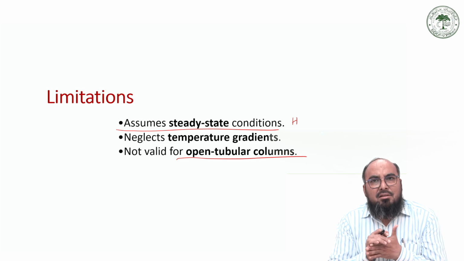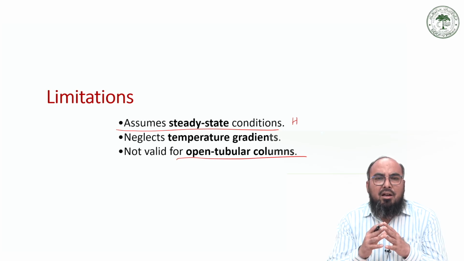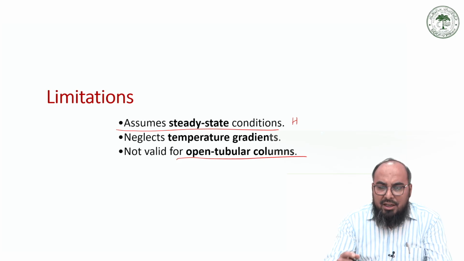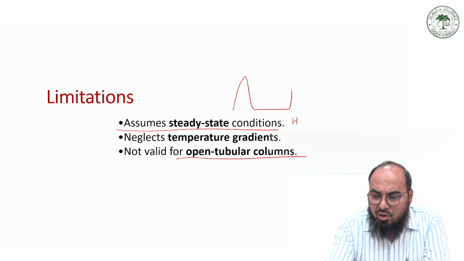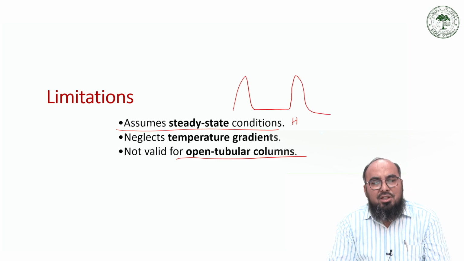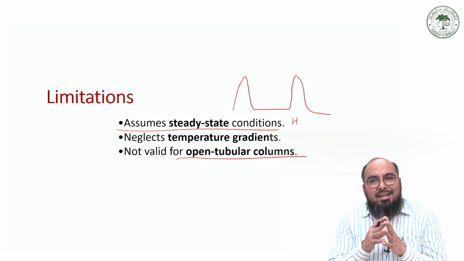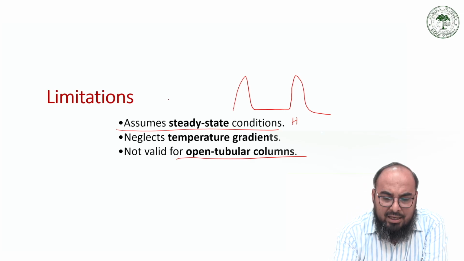So these are the limitations, but despite these limitations there are so many good things: the Van Deemeter equation gives you a quantitative idea about the zone broadening. It also gives you a quantitative idea about the distance between the peaks. So this theory is based on the experimental findings, and this Van Deemeter equation, again I am telling you, comes under the rate theory.